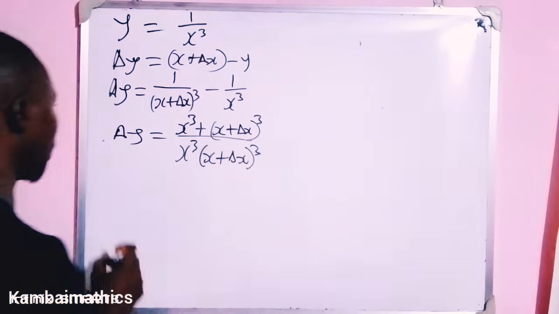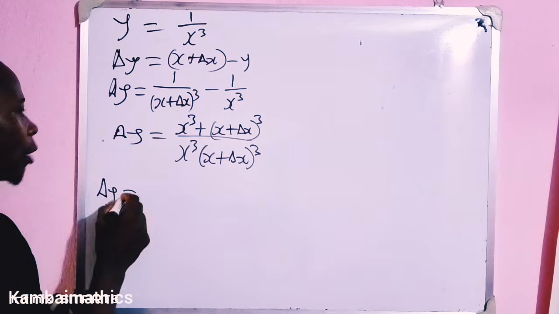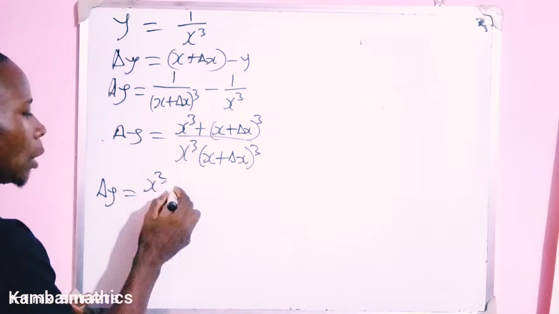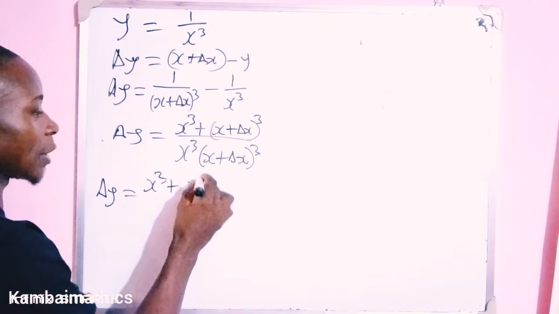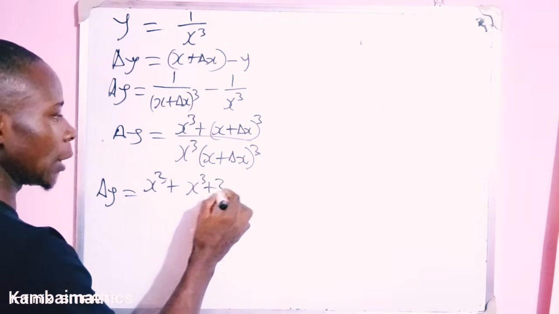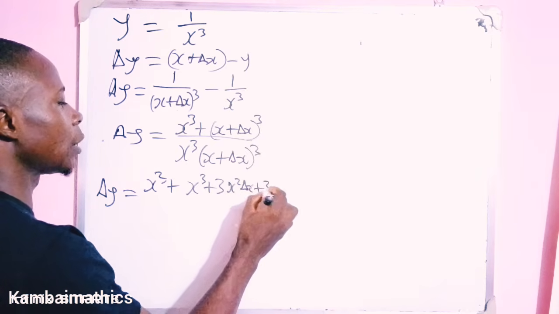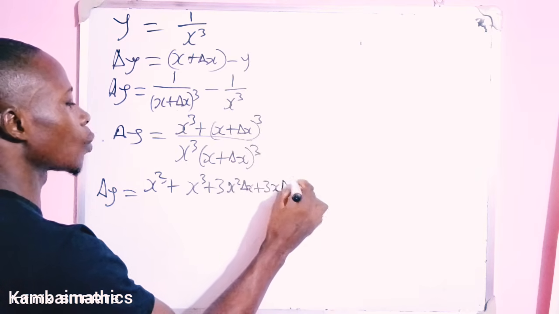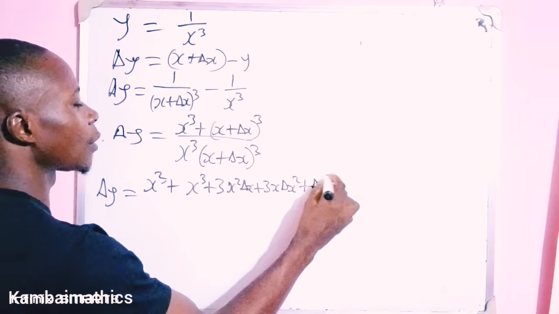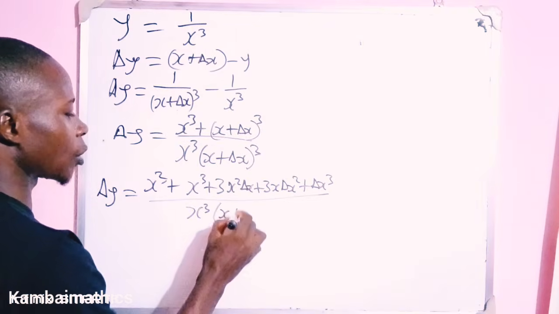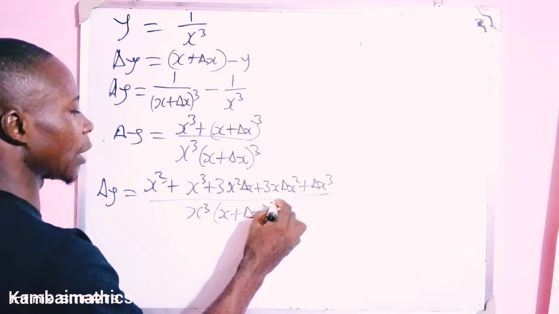So by implication, this is delta y equals to that bracket supposed to be open here. Then x cubed, then minus, I've already opened it, so it's x cubed plus 3x squared delta x, and then plus 3x delta x squared, and then plus delta x cubed, all over x cubed divided by x plus delta x in bracket raised to the power of 3.